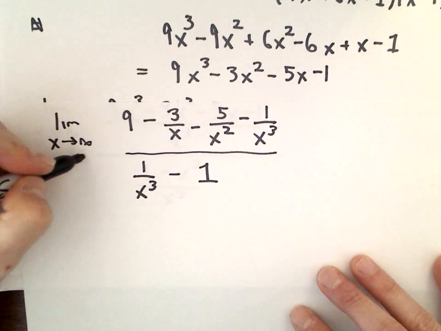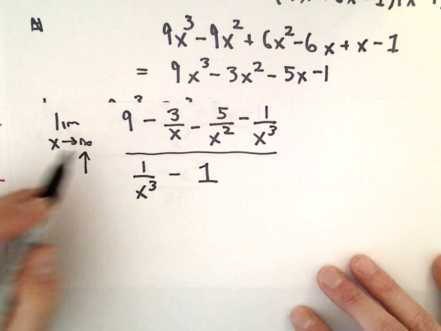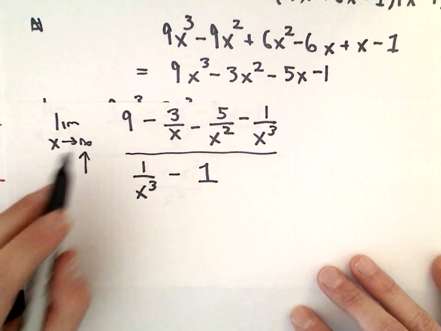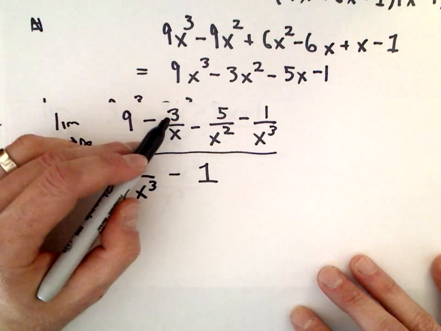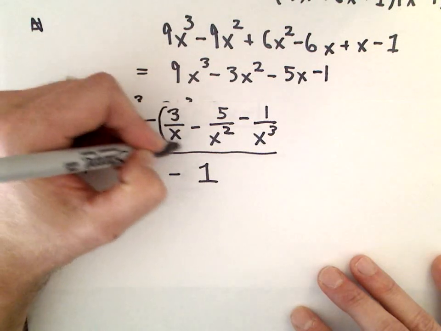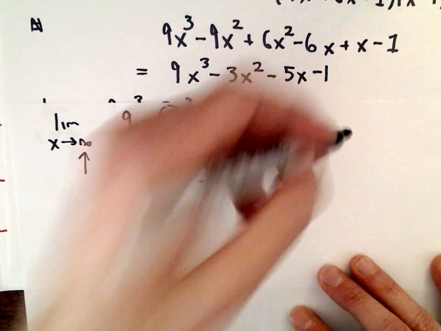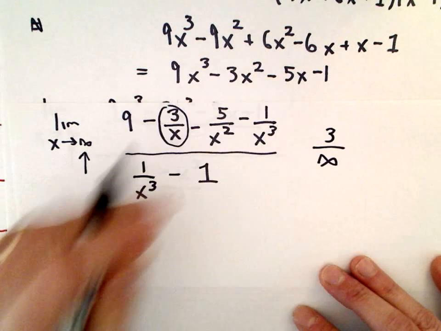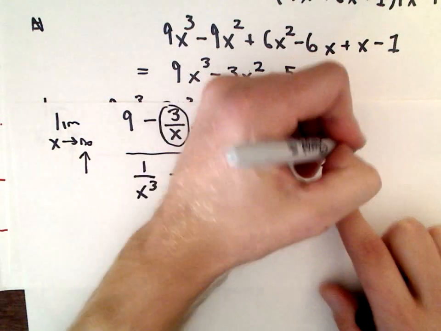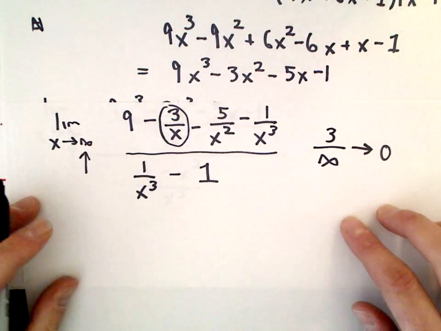Now the idea is, well, x is getting big. I'm putting in larger and larger numbers. Well, if I take, for example, 3 and divide it by a really big number, a number going to infinity, that's going to approach 0.